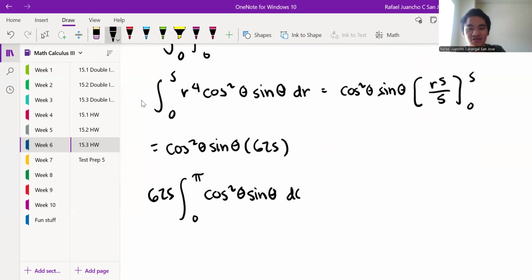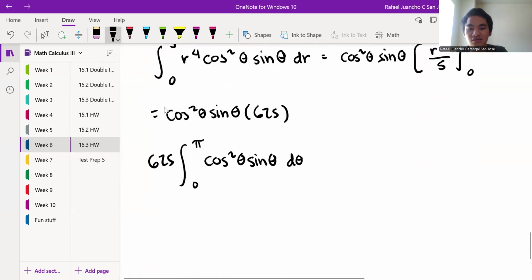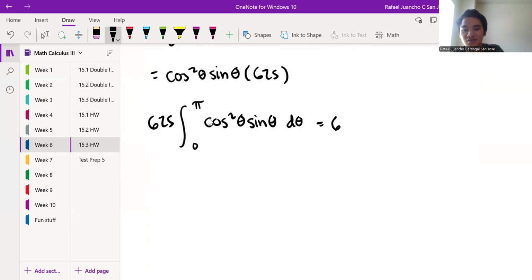And I have this thing. And then this is going to give me, so 625. Oh, this is a U sub. I say my U is, what the hell is my U? Take the derivative.